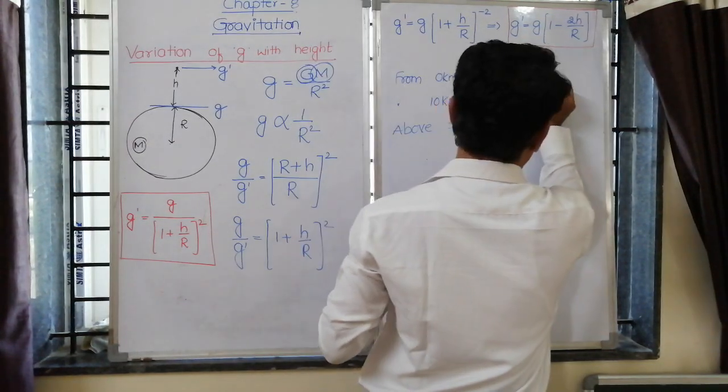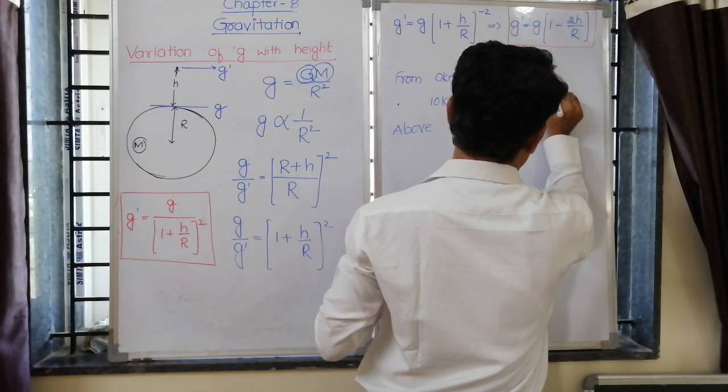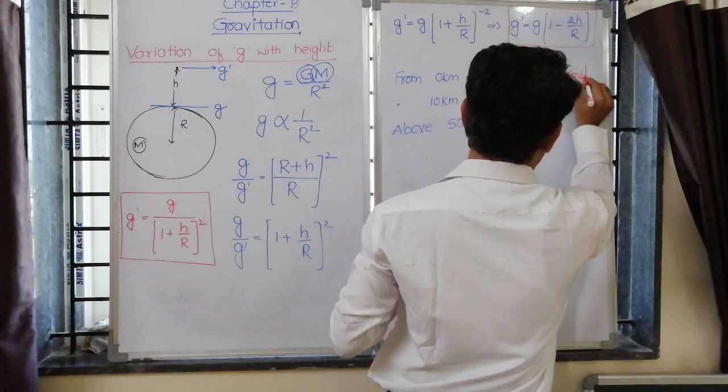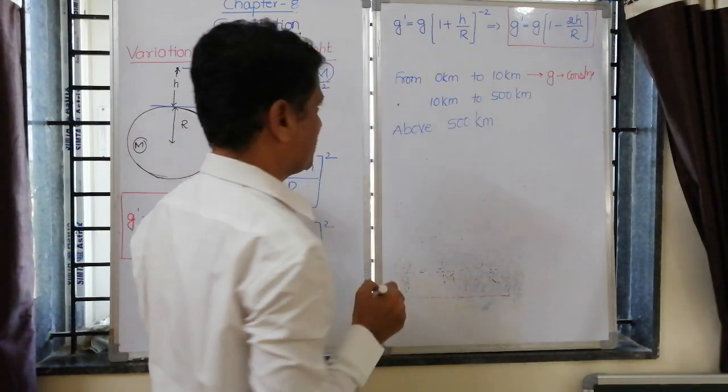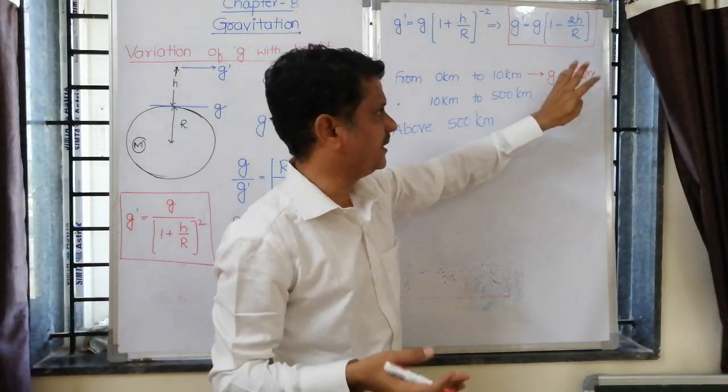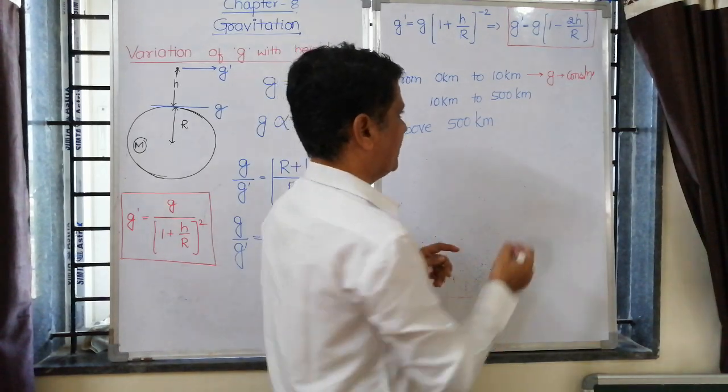So up to 10 kilometer, g is taken as constant. Whatever value we take on the surface of the earth, whatever may be given, it may be 9.8 or it may be 10, that is taken as constant.